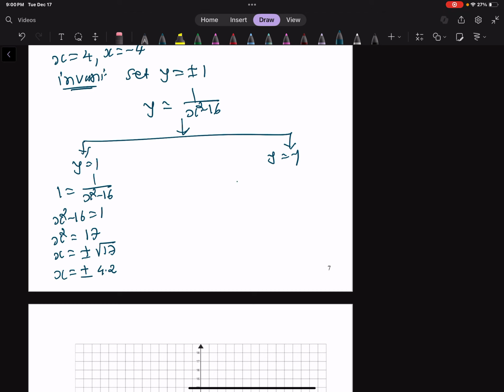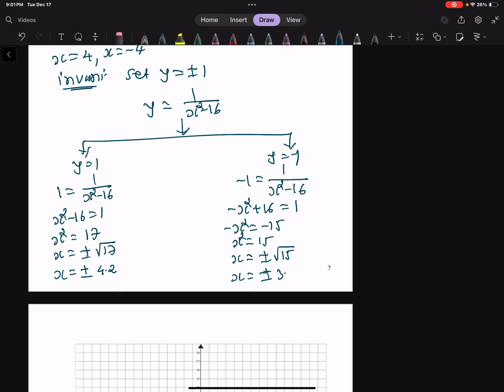For -1, so minus x squared plus 16 equals 1. Negative x squared equals -15. So x squared equals 15, so x equals plus or minus root 15, which is plus or minus 3.8 or 3.9.